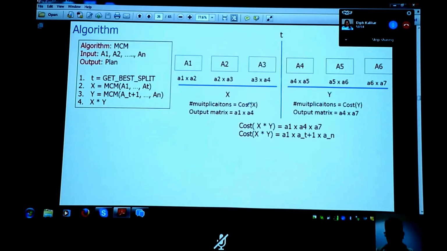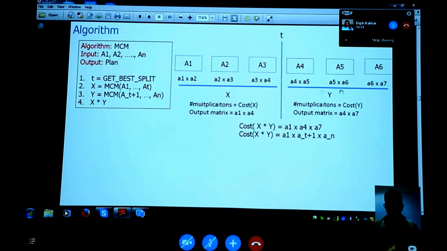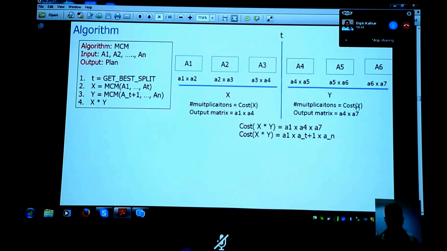That is a way to get this cost. So recursively we found the number of multiplications you can do in A1 to At in the best manner. Similarly, for the other side, we do it recursively, A(t+1) to An, and let's say the cost of y is the best way of doing it. We found it recursively.